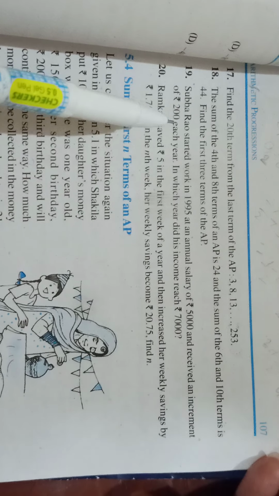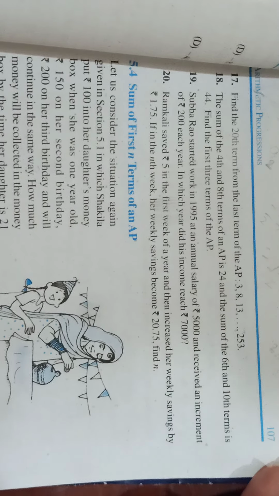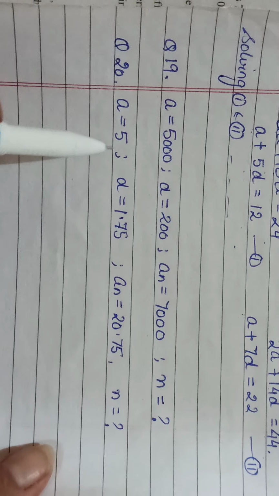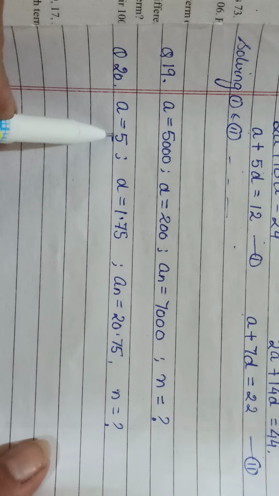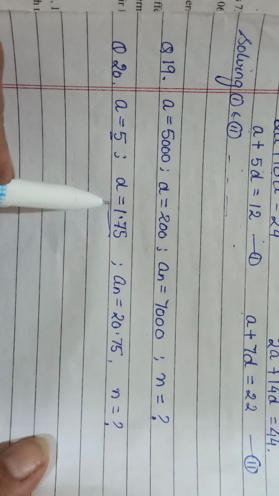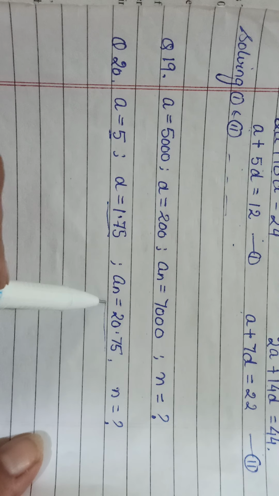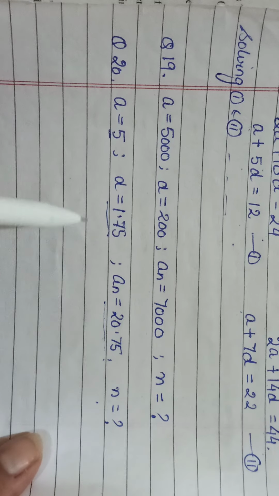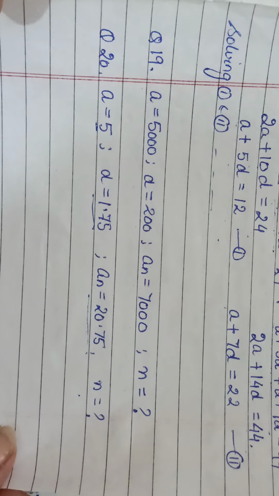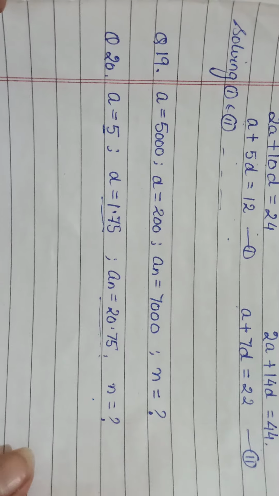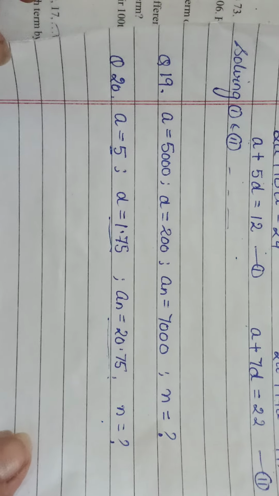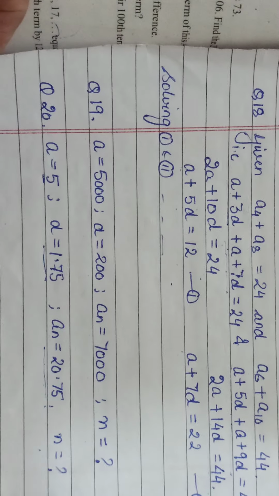Earlier he had not even mentioned n, you had supposed it yourself. Here he has said that there are n weeks. So the rest will be the same. So your starting term a is 5, d is 1.75, an is the final 20.75. You have to find n. So use again an is equal to a plus n minus 1 d. Okay, calculation, children, you finish off yourself and let me know if there's any problem then.